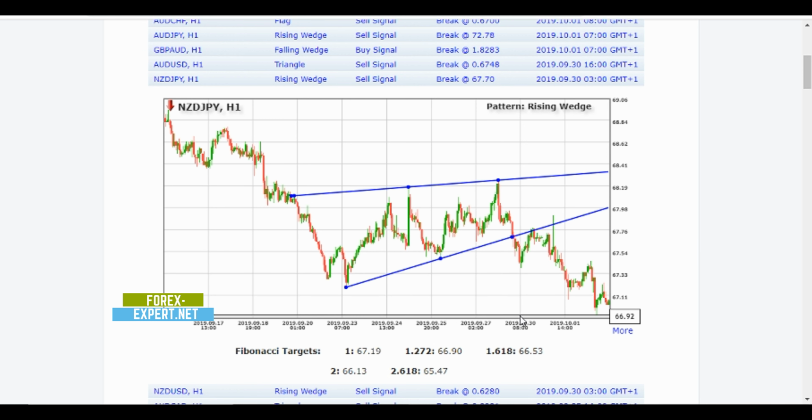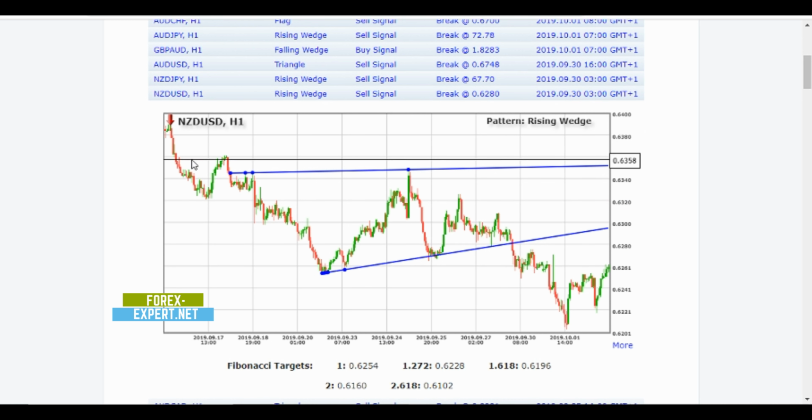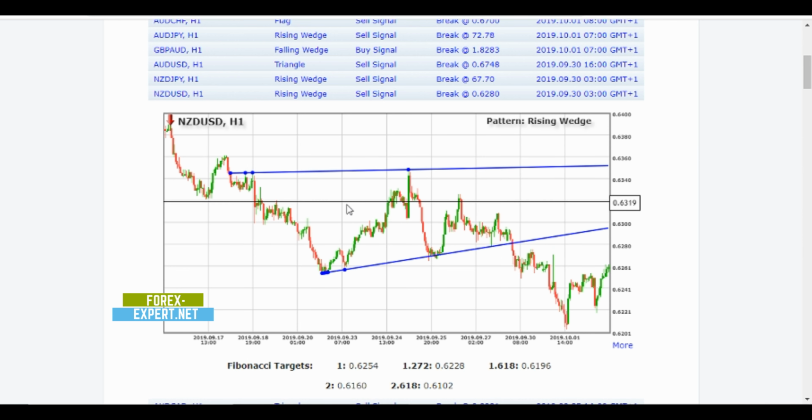The New Zealand and the USD, 1 hour time frame, another rising wedge. The trend looks very strong. As you can see here, it looks like the market is breathing a little bit, taking a break at 0.6281, and going down to 0.6208, 72 pips.